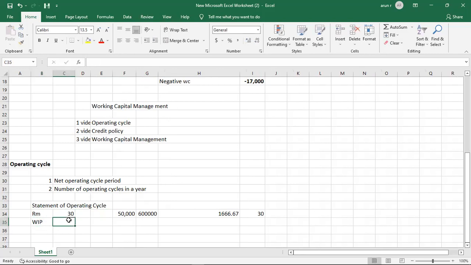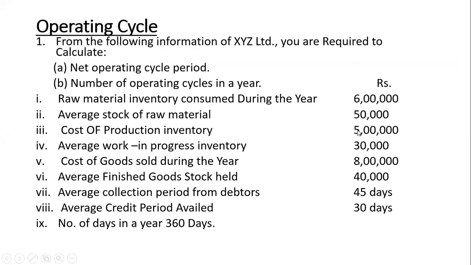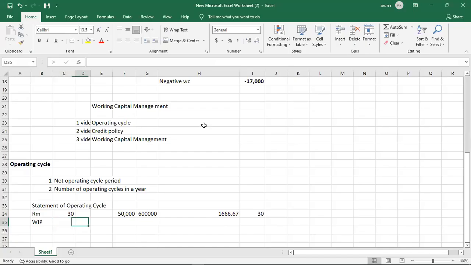Work in progress, how much? 30,000. And cost of production is given. The formula we studied earlier: average work in progress divided by cost of production per day. 30,000, and cost of production is 5 lakh.